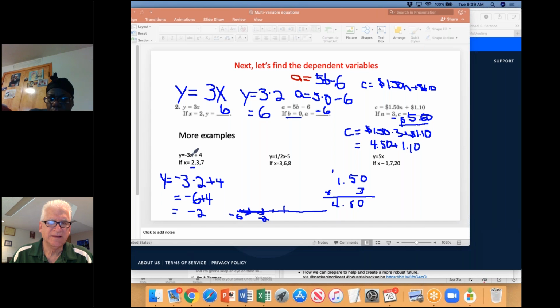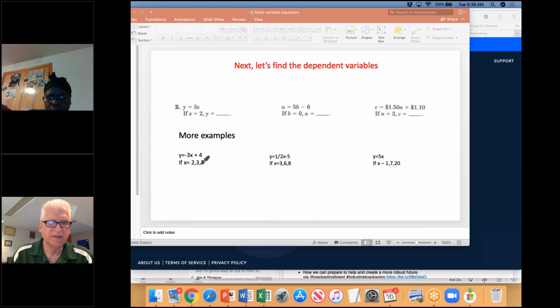Okay, can I erase what I have here? Sure, I got it right on paper. So now let's try 3. So y equals negative 3 times 3 plus 4. So negative 3 times 3 is negative 9, plus 4.